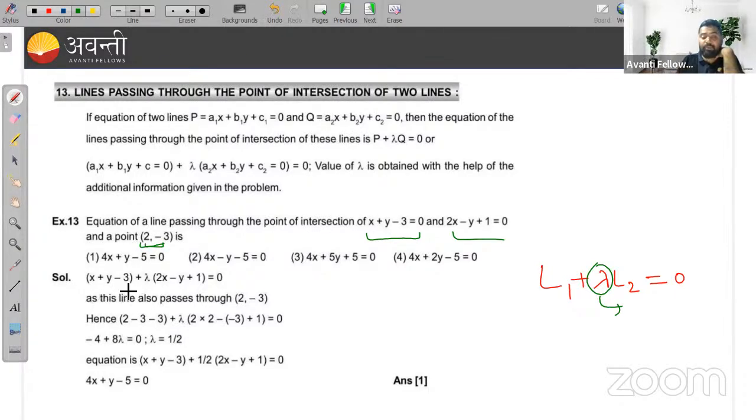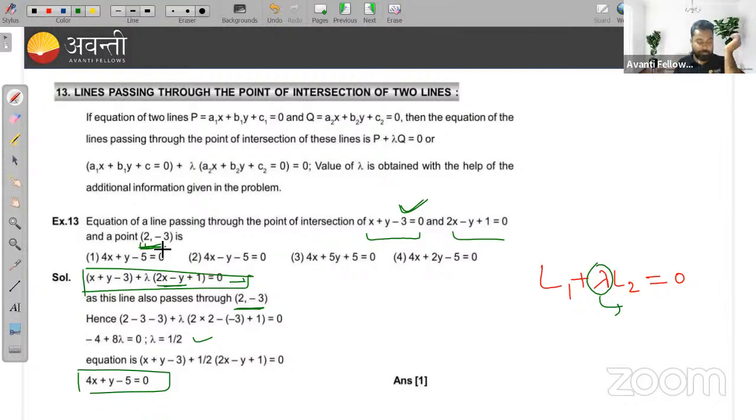The family of lines will be x plus y minus 3 plus lambda into this, and this line is also passing through the point 2, minus 3. So in place of x, y just put 2, minus 3. Then you will get the value of lambda, and put the value of lambda in this equation. Then what is the equation you will get? That is the equation of the line passing through the point of intersection of these two lines and passing through this point.